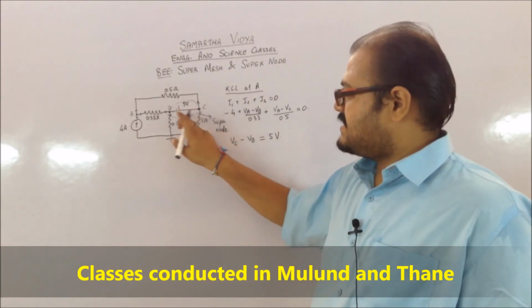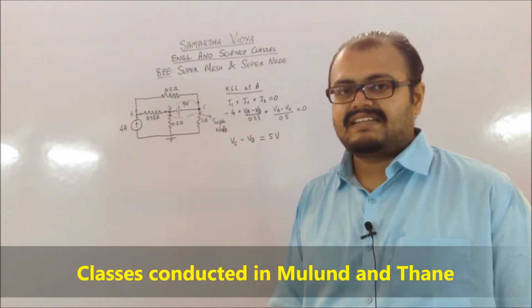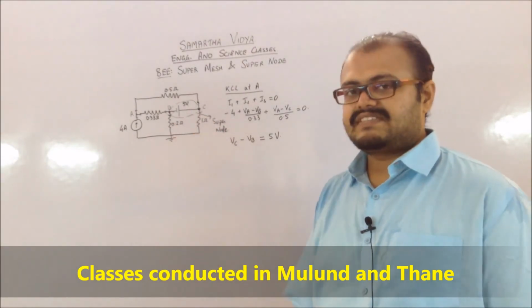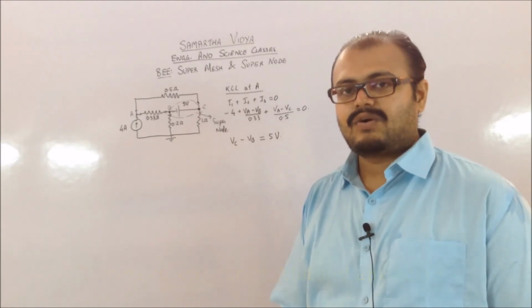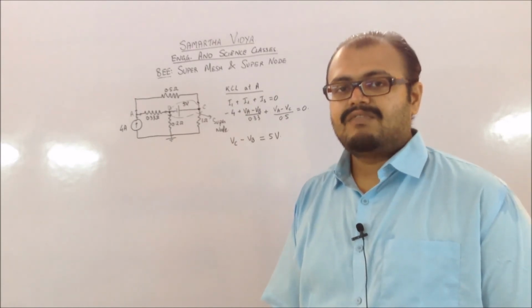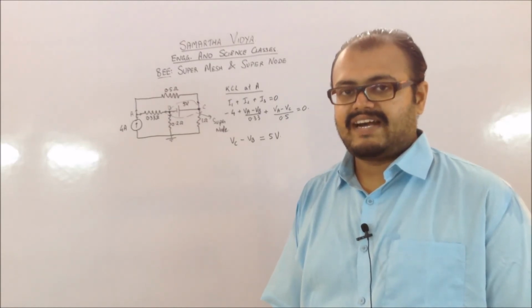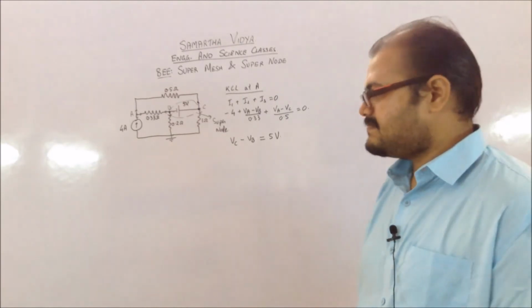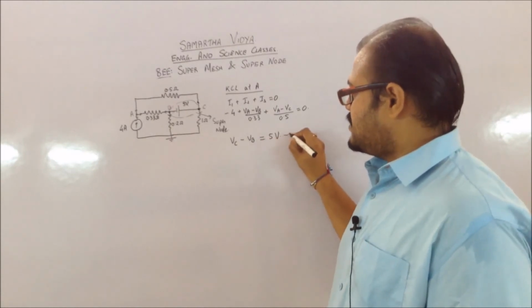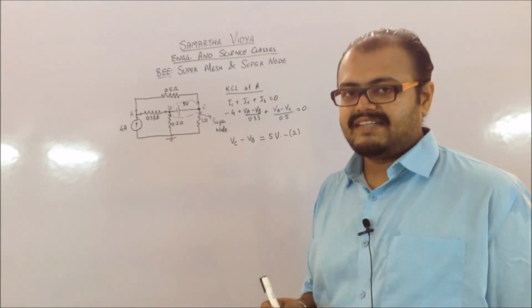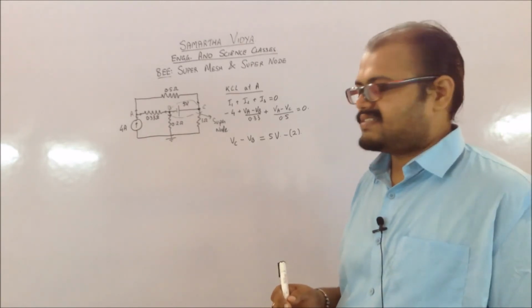VC and VB are node voltages, and since this is a voltage source, it is always going to provide a voltage drop of 5 volts across it, irrespective of the current flowing through it. So this is going to help you find the values of VA, VB and VC.